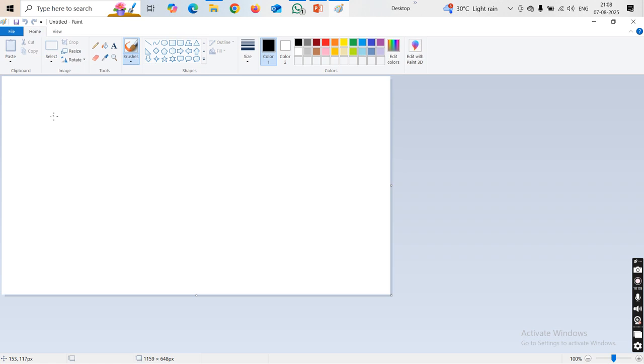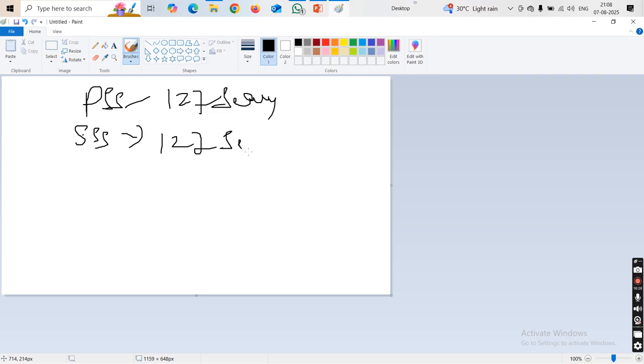When we are talking about the PSS, primary synchronization signal, and the SSS, secondary synchronization signal, both have a 127 sequence in the frequency domain.